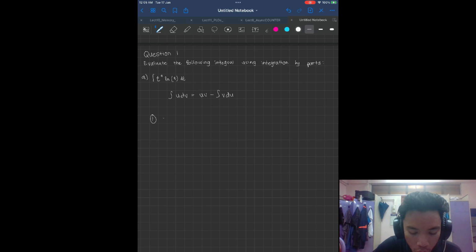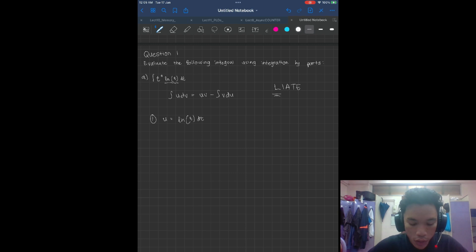Here, as you can see, ln t is labeled as u because in LATE, ln is defined as L, logarithm. So we have to prioritize ln t as our u.